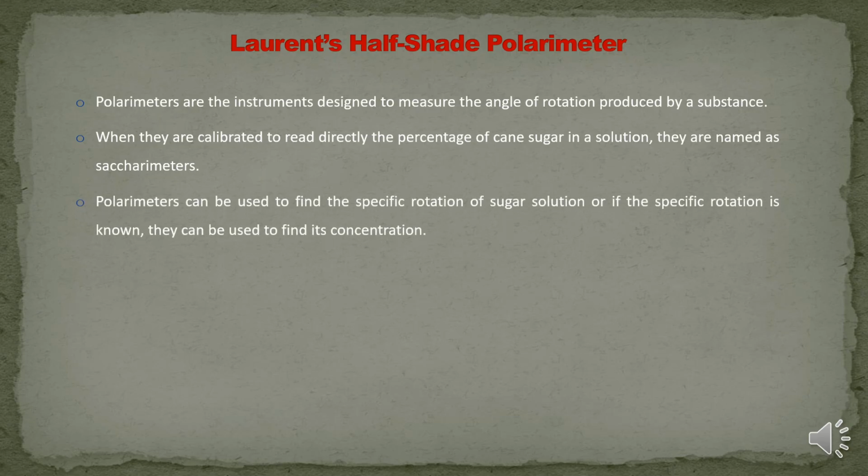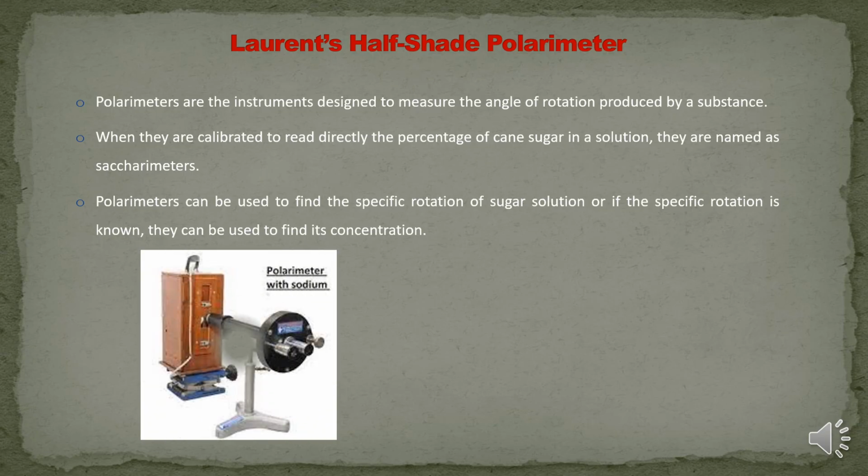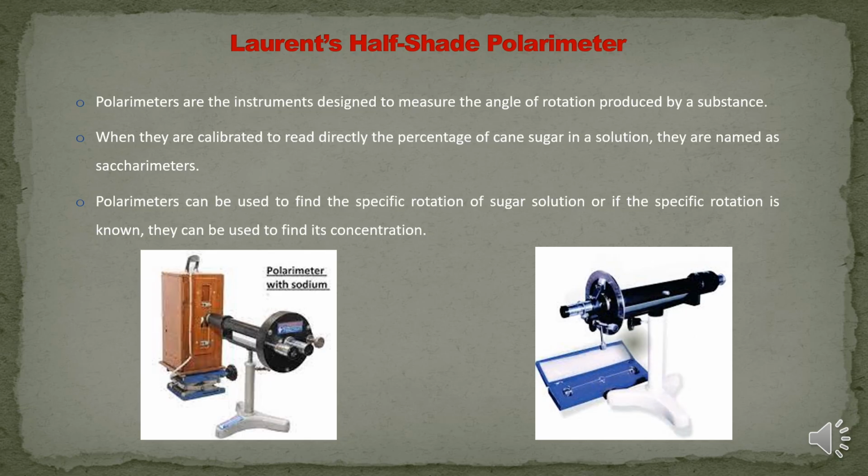Polarimeters can be used to find the specific rotation of a sugar solution, or if the specific rotation is known, they can be used to find its concentration. These are the different models of Laurent's half-shade polarimeters that are used for testing this method.